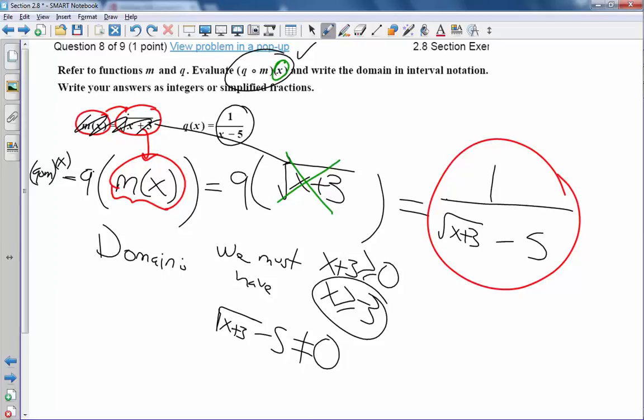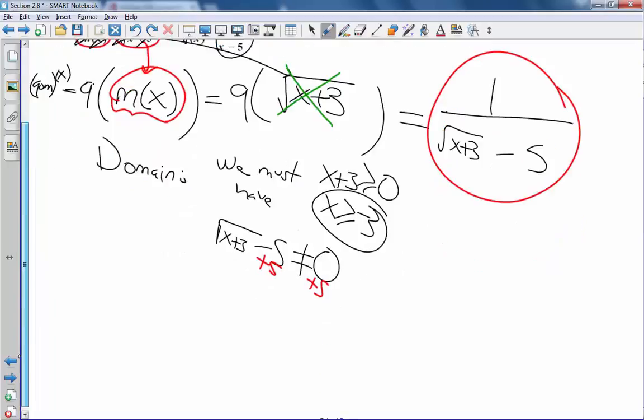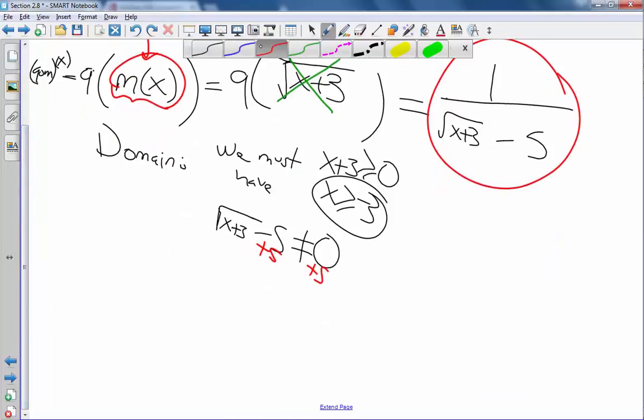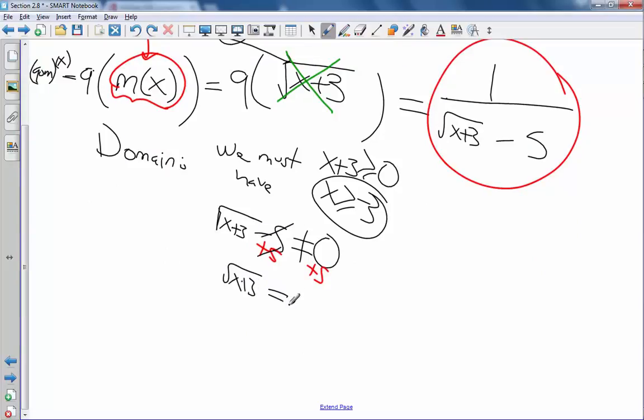Yeah, we need to get this simplified. I add 5 to both sides. This means I must not have the square root equal to 5. I'm squaring both sides next. We need to isolate x.